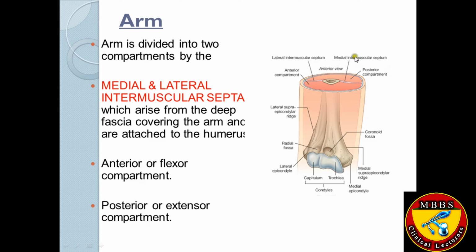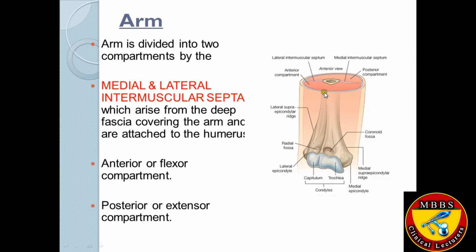The deep fascia sends inside two septa, two partitions, called the lateral intermuscular septum and the medial intermuscular septum. The two septa are attached on the humerus and divide the arm into two compartments, an anterior compartment and a posterior compartment.